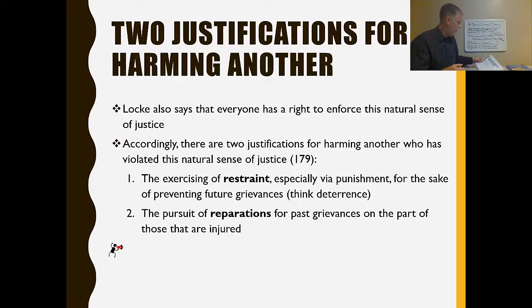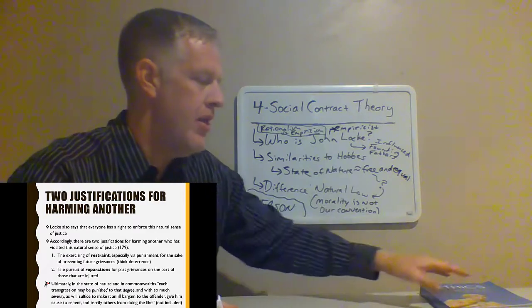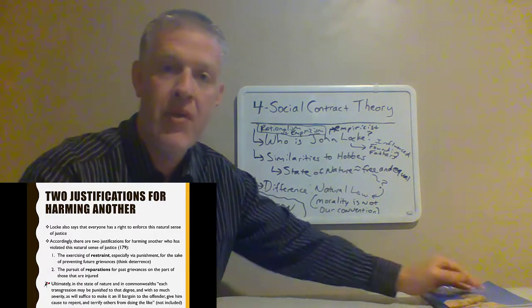So ultimately, as he says, in the state of nature and in commonwealths, quote, each transgression or violation of the natural law may be punished to that degree and with so much severity as will suffice to make it an ill bargain to the offender, give him cause to repent, and terrify others from doing the like. And that's actually not included in the text that we have, but it's from right around there in the original document.